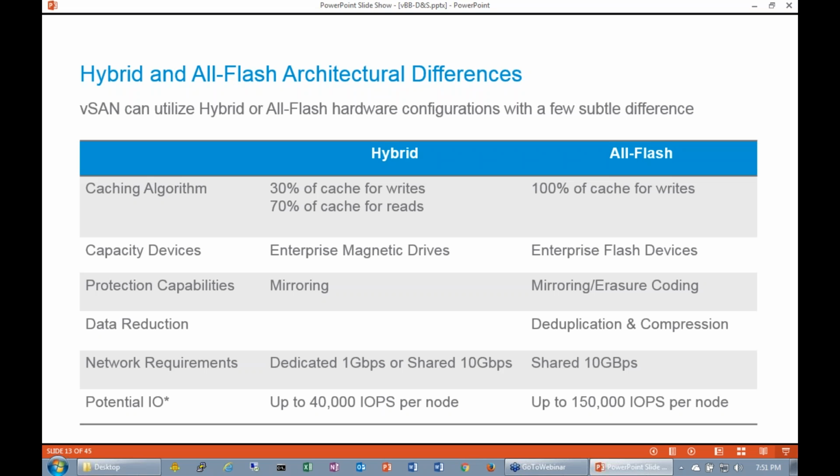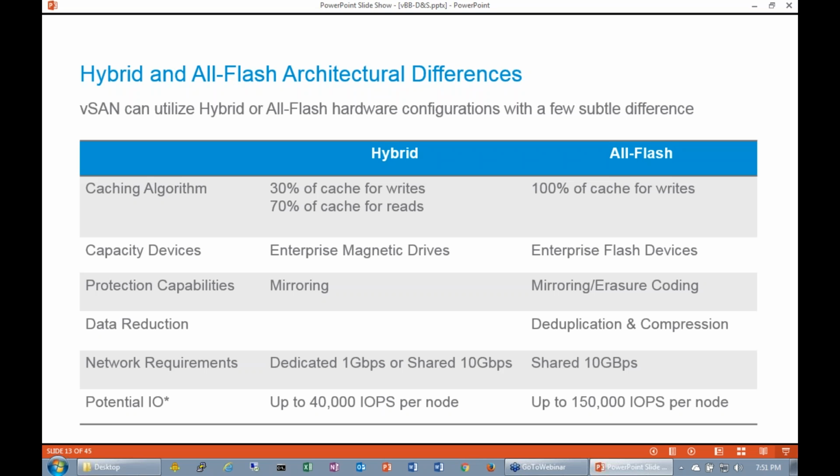Now, in our all-flash environments with advanced licensing and our enterprise licensing, not only do we support mirroring, but we do support erasure coding. Erasure coding with one level of protection, so FTT1, gives us RAID 5, which essentially gives us about 50% more usable capacity, okay, than traditional mirroring.